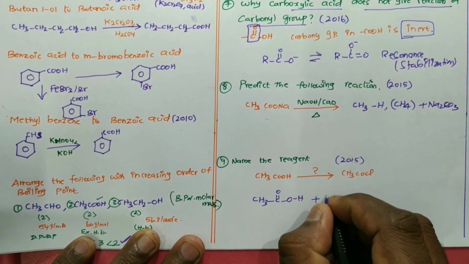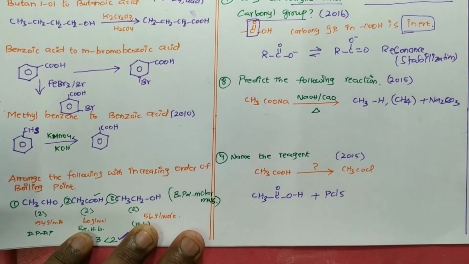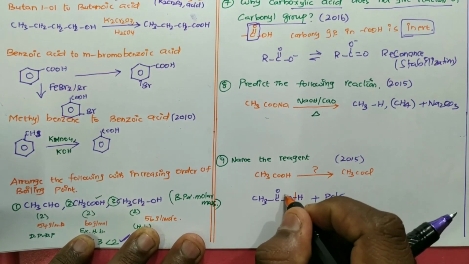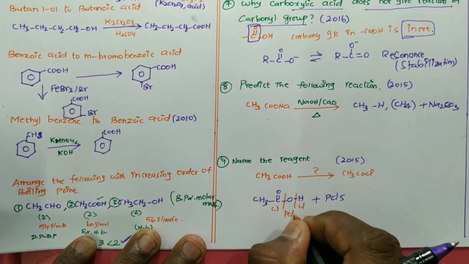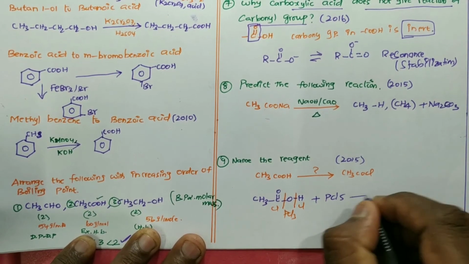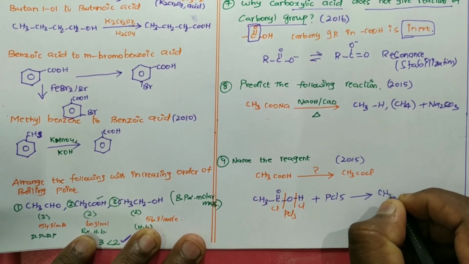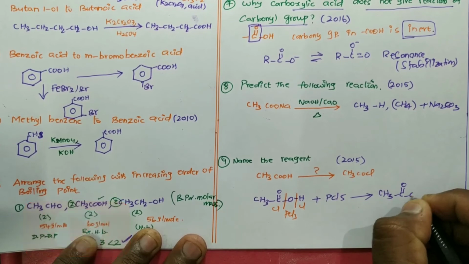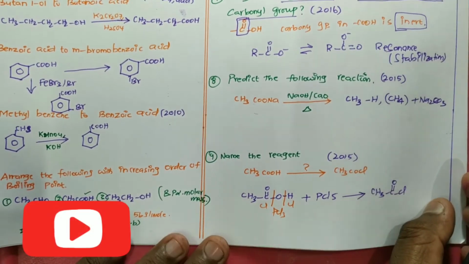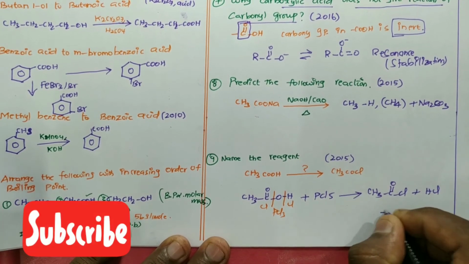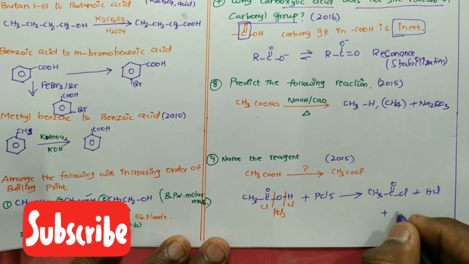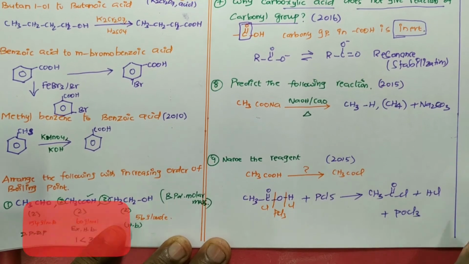If I use PCl5, as you know very well, we can split it like this, it's a shortcut, PCl3 and Cl. So I'll be getting a product that is CH3, C=O, Cl, along with one molecule of HCl, and with PCl3 and O, that is POCl3, I'll be getting.